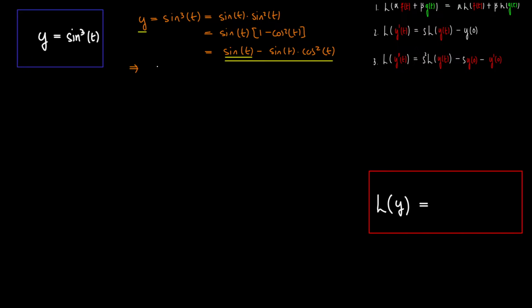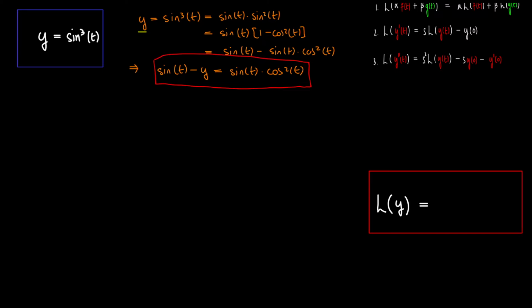In other words, the exact same equation just rearranged is going to tell you that sine of t minus y is equal to sine of t times cos squared of t. Okay. So this is an important thing that we're going to be using momentarily.